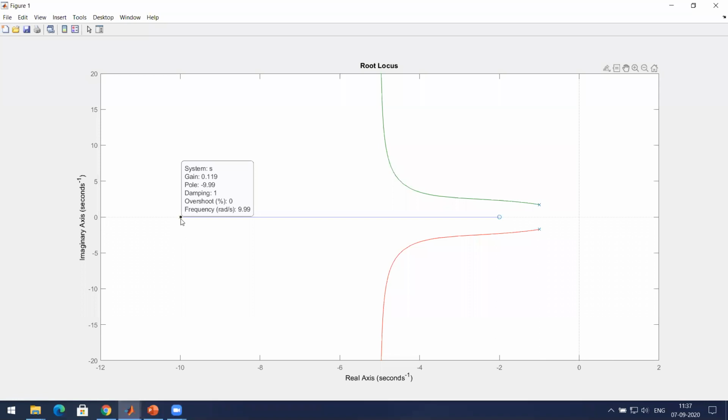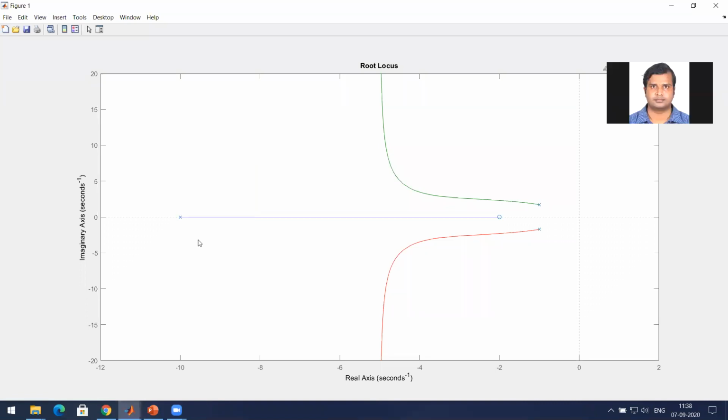So why are we discussing this? We know that this is a third order system because there are 3 poles. The order of a system is decided based on whether poles or zeros are greater.